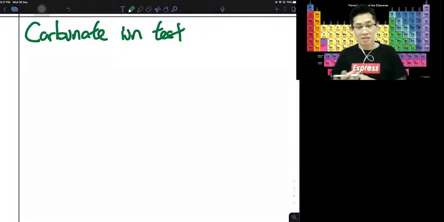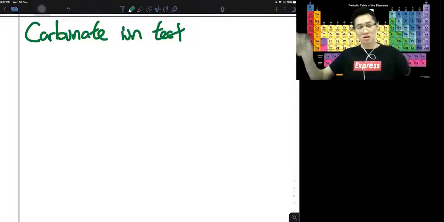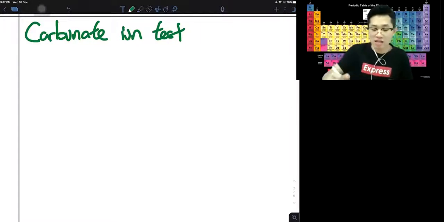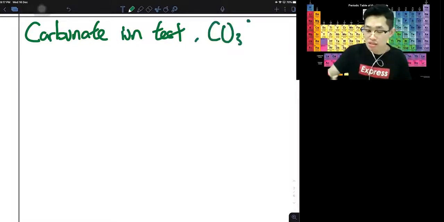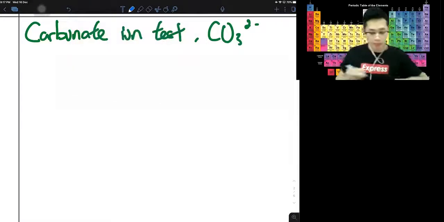The question asks me to describe an anion test for the salt given on the top. Okay, so carbonate ion test, CO3 2-. Level 1, so 1 step only.